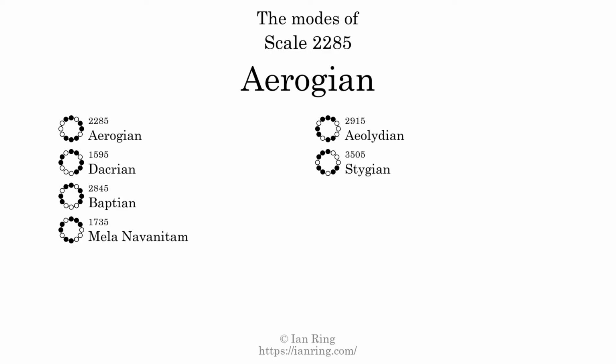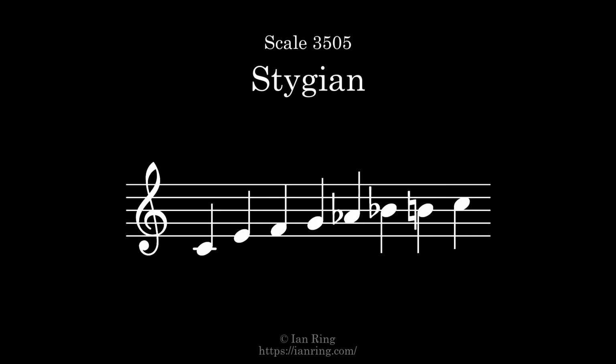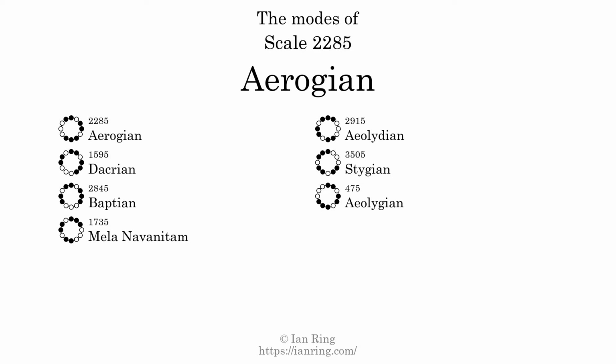The sixth mode is scale 3505, also known as Stygian. It sounds like this. The seventh and last mode is scale 475, also known as Aerogian. It sounds like this.